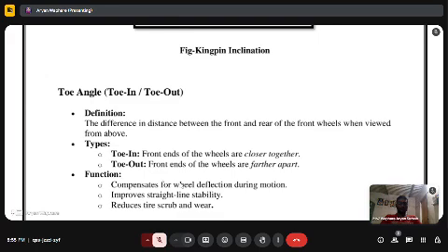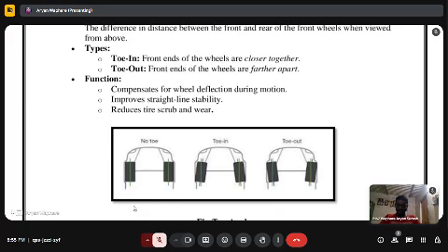Toe out: the front ends of the wheels are farther apart. The function of toe angle: compensate for vehicle deflection during motion, improve straight line stability, and reduce tyre wear. Here is the diagram of no toe, toe in and toe out.